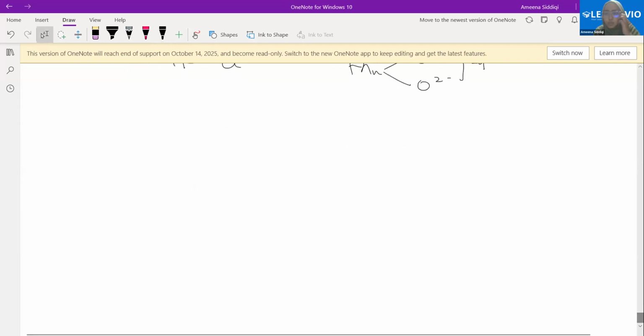Write it in your own words. What do we mean by the oxidation number? Try to write it in your own words. Then obviously I'm here to tell you anything.